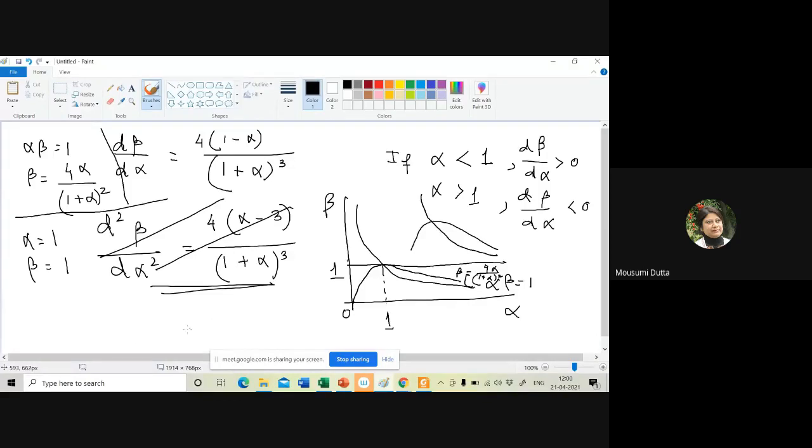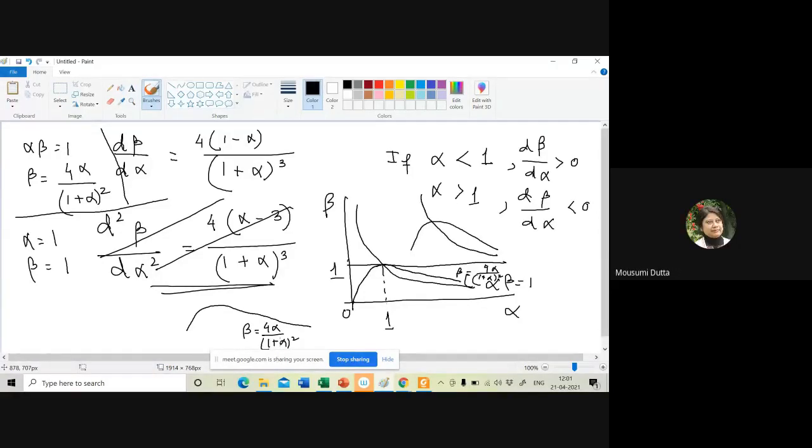So I am getting a line which is first positively sloped and then negatively sloped. Okay, so I am getting this kind of curve. Everybody?